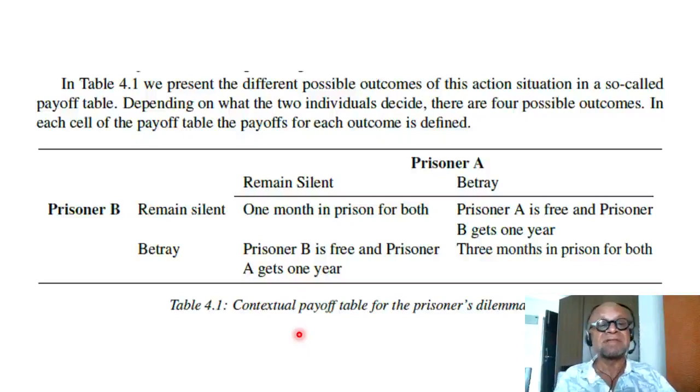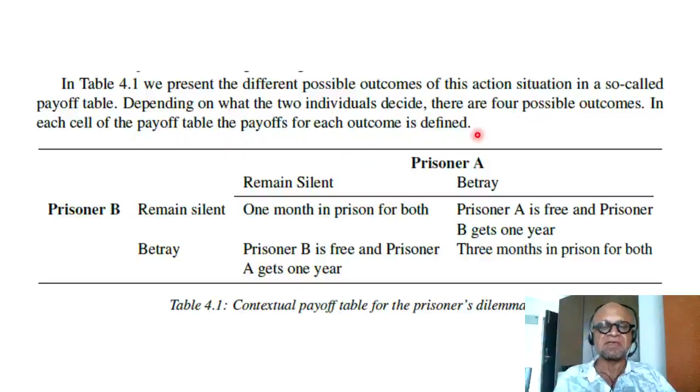Coming back to the prisoner's dilemma, in table 4.1 we present the different possible outcomes of this action situation in a so-called payoff table. Depending on what the two individuals decide, there are 4 possible outcomes. In each cell of the payoff table, the payoffs for each outcome are defined.